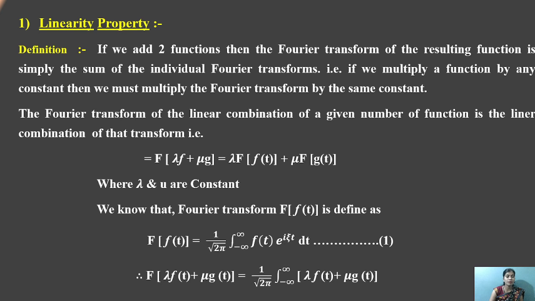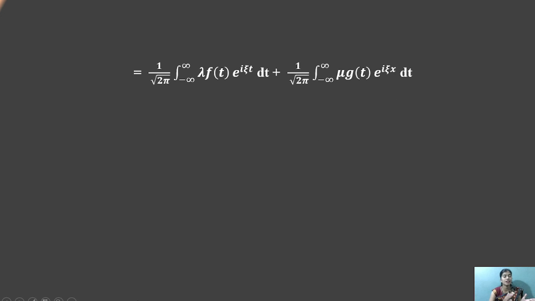Then separating into two forms: 1 upon square root of 2 pi integral from minus infinity to infinity of lambda f of t e to the power i xi t dt, plus 1 upon square root of 2 pi integral from minus infinity to infinity of mu g of t e to the power i xi t dt.